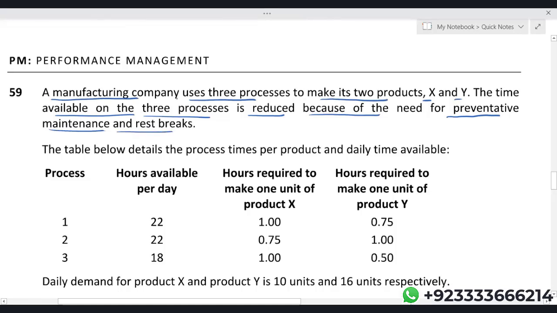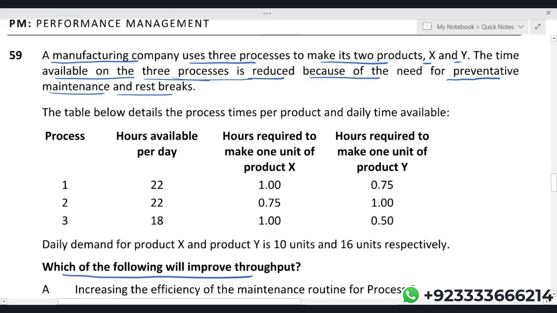So time is limited. The table below details the processes, time per product and daily time available.